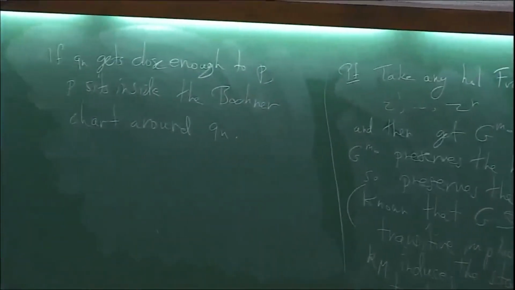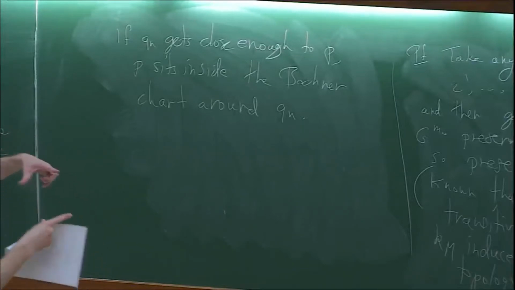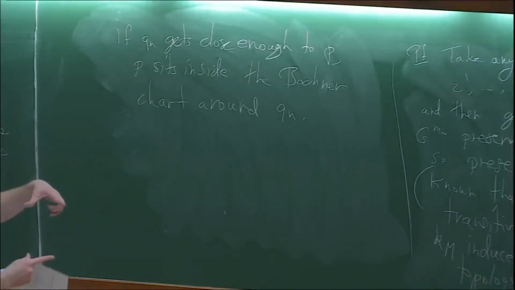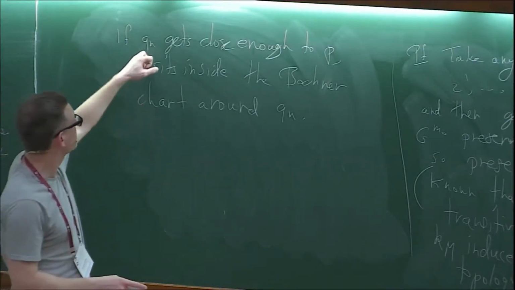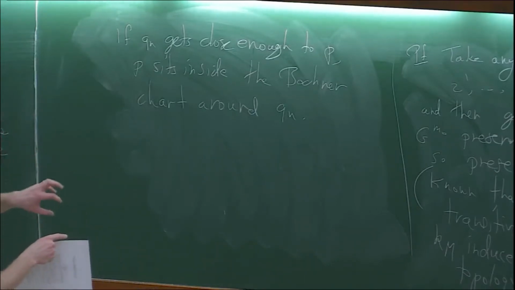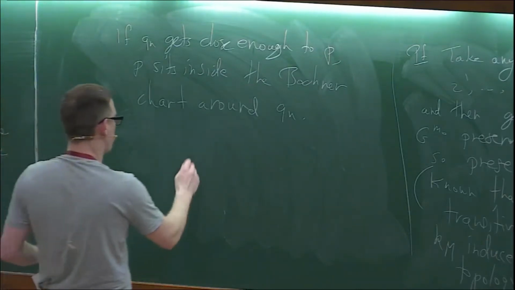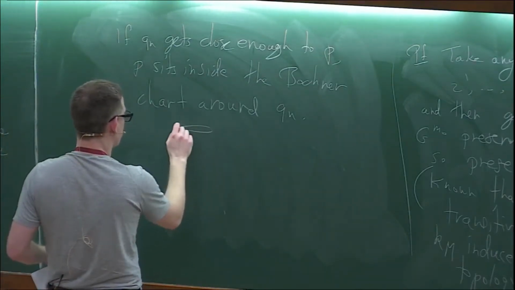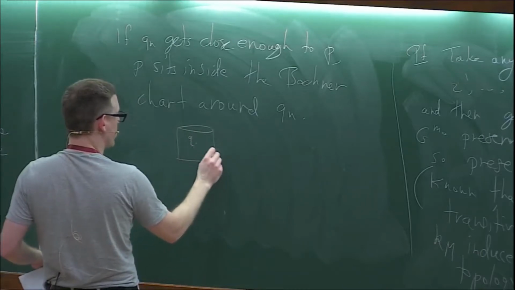As I said before, when we have these charts, you can translate them around using group action. It's a transitive group action on a manifold M. So you can move a chart around anywhere you want, and they're all the same size. They all fit the same Kobayashi balls inside them. And so once Qn gets close enough to P, P's inside that ball, and P's therefore inside that chart. So eventually, you get a picture where you get the chart not around P, but around Qn. You have the Qn sitting at the center of the chart, and somewhere in there is P.